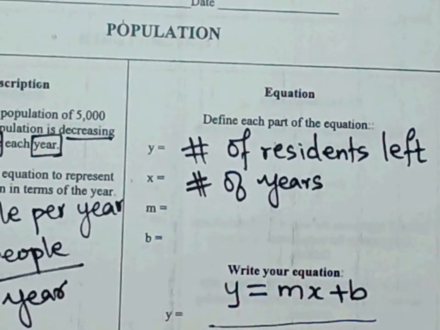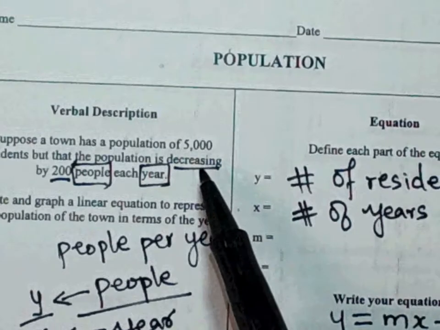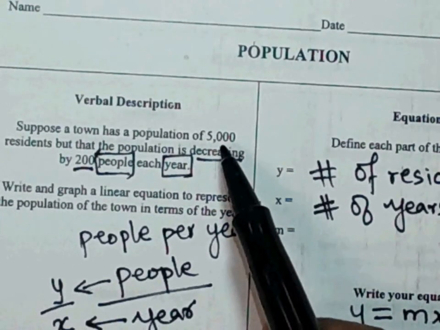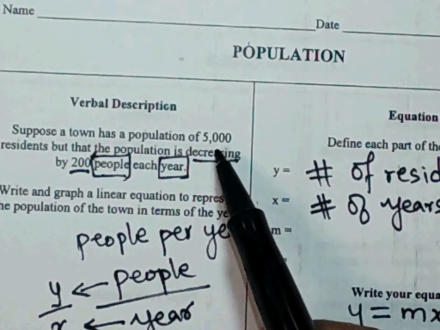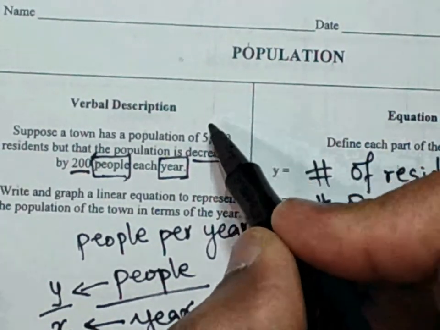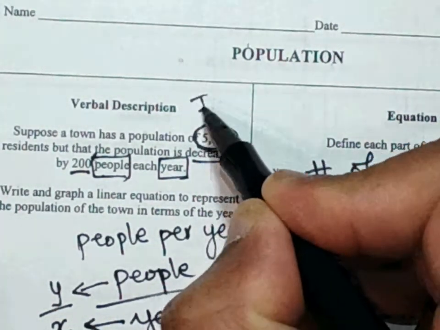And our data here says that we started off taking the data when there were about 5,000 residents in the town. So whatever your starting data is, that is your initial value.